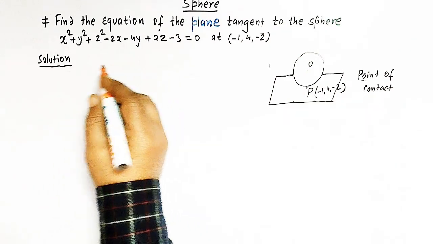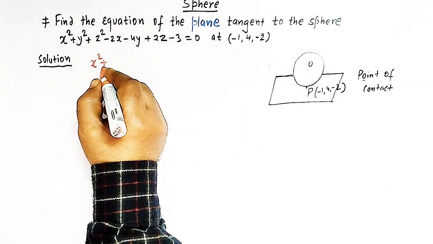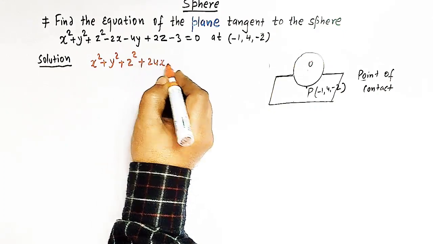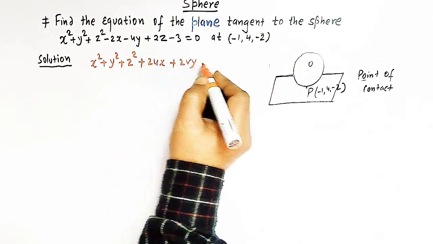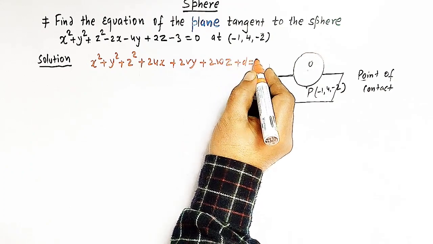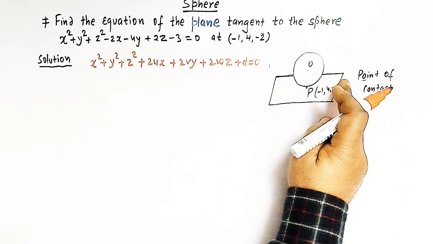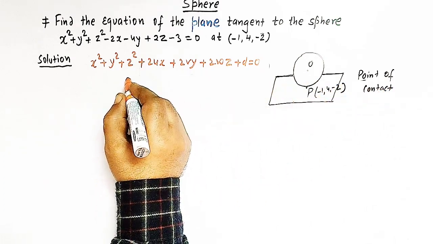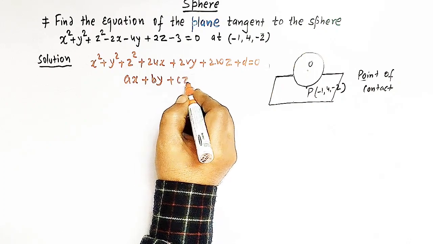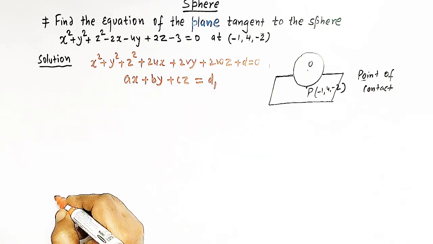So now let us consider the general equation of a sphere as x square plus y square plus z square plus 2ux plus 2vy plus 2wz plus d is equal to 0, right? And let us consider the equation of this plane as say ax plus by plus cz is equal to say d1, right?